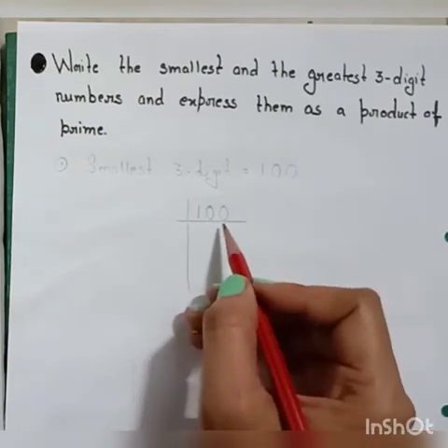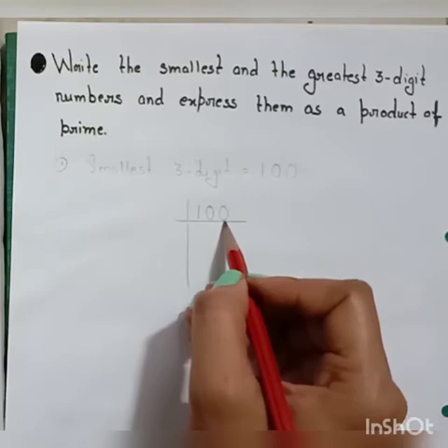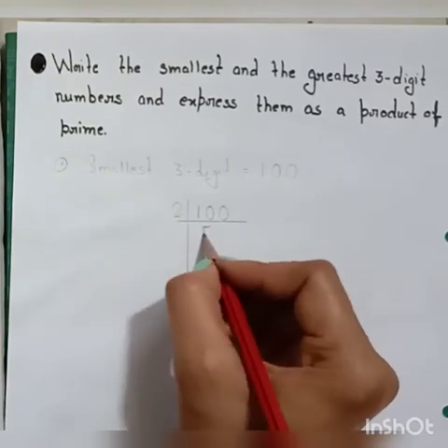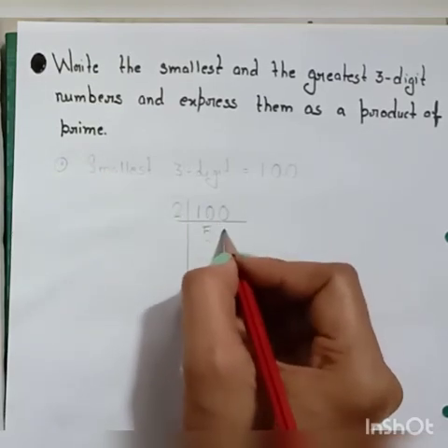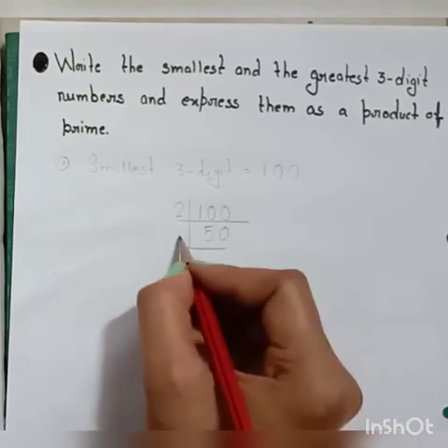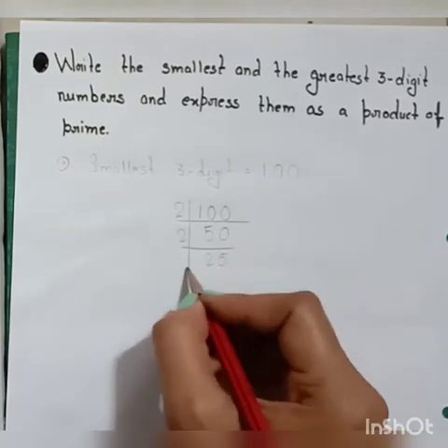From the divisibility rule, we know that if the last digit is 0, the number goes in the table of 2, 5 and 10. So we will start with 2. 2 fives are 10, and this 0 has been copied like this. Then it is 50. Again it goes in the table of 2. 2 twenty-fives are 50.